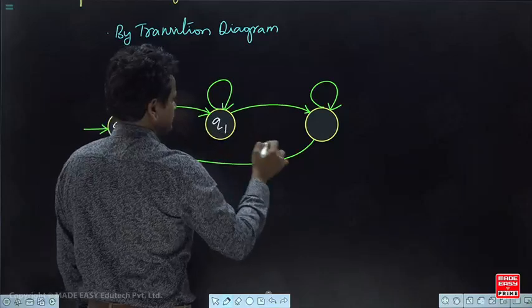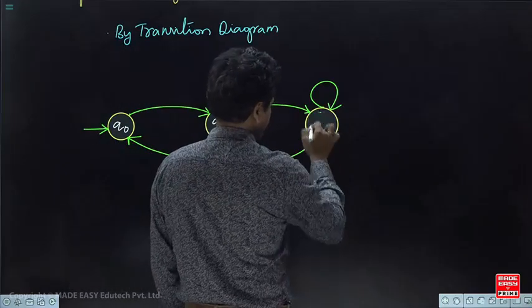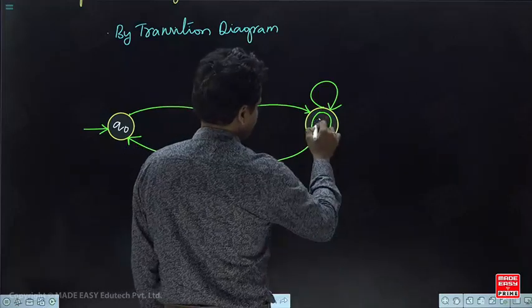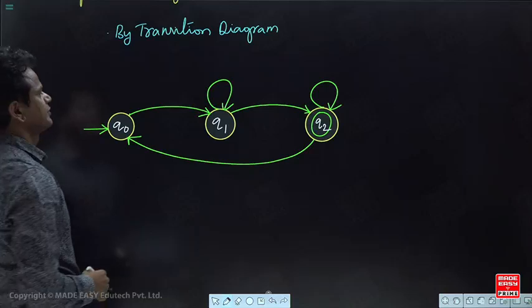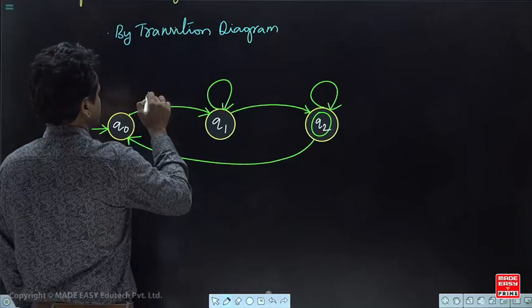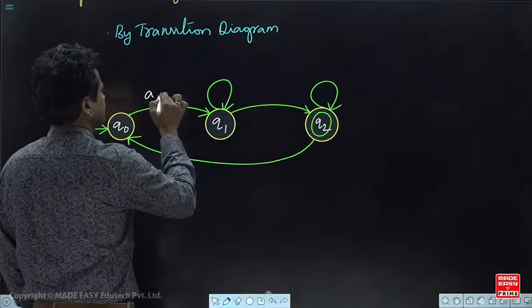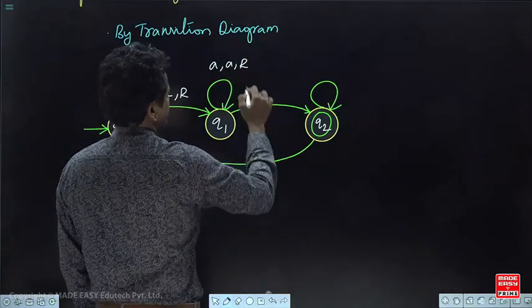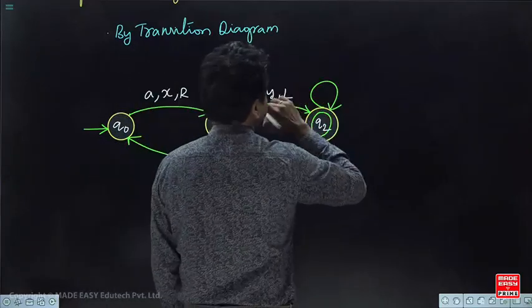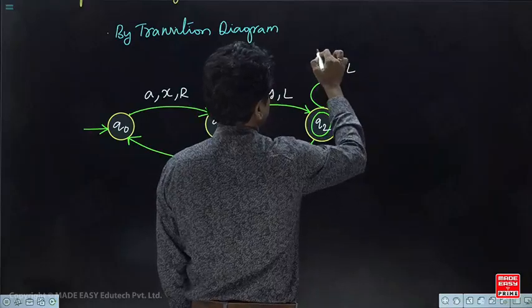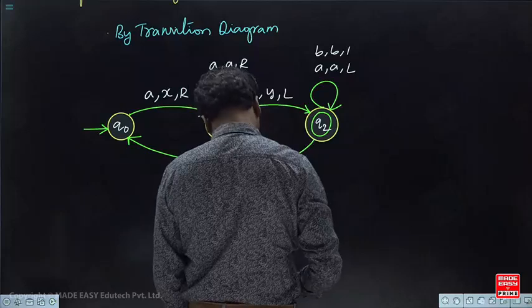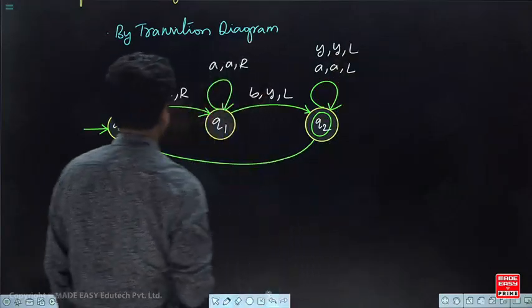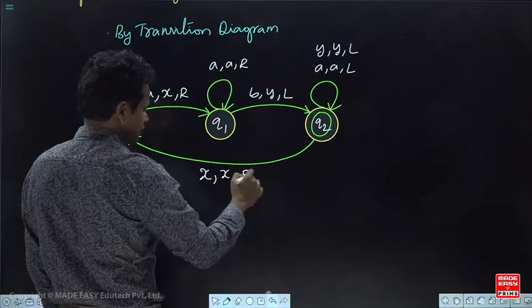Here Q0, Q1, Q2 are the states. So what is the meaning of this?